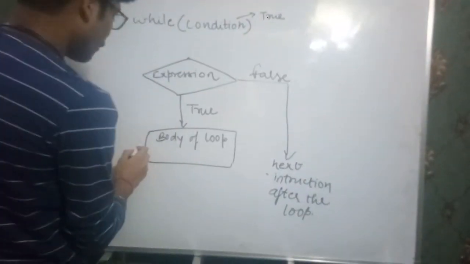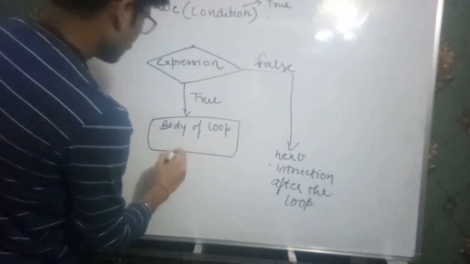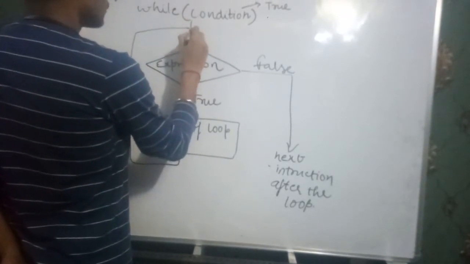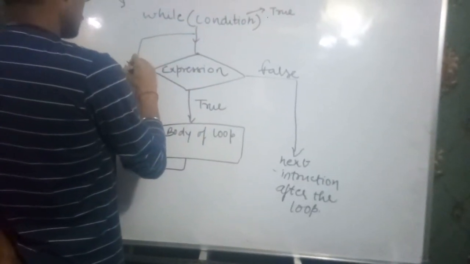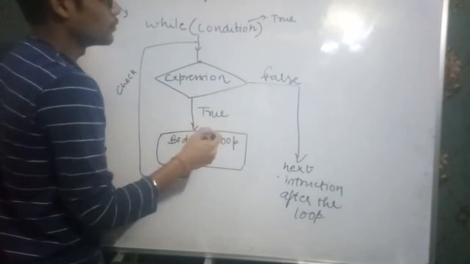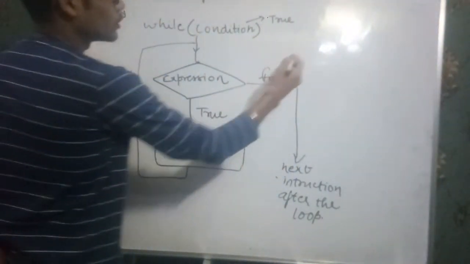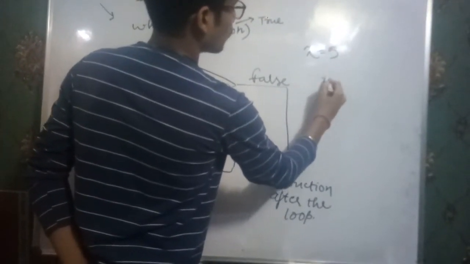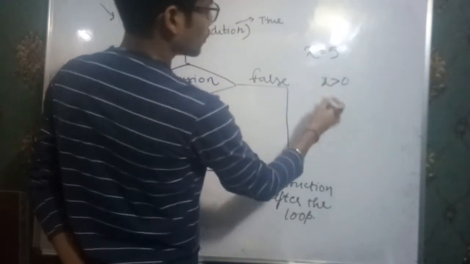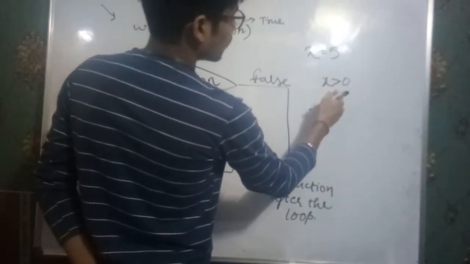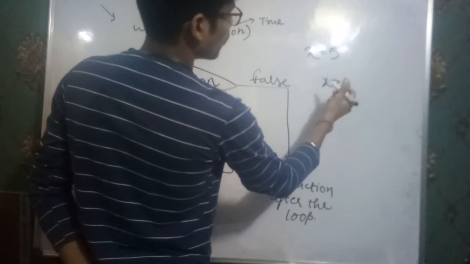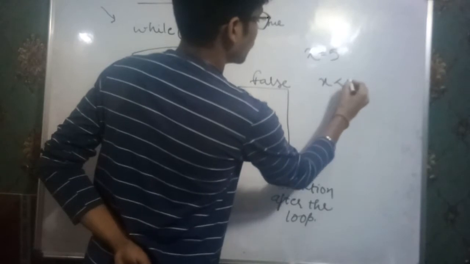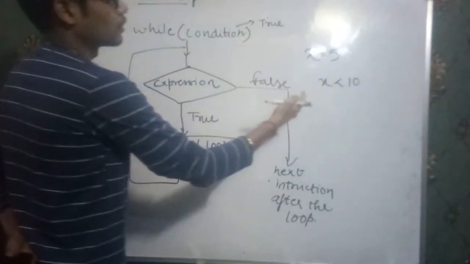And if the body of the loop is executed, then it goes back and checks the condition again. For example, if x is equal to 5 and the condition is x is less than 10, then 5 is less than 10, so the condition becomes true.